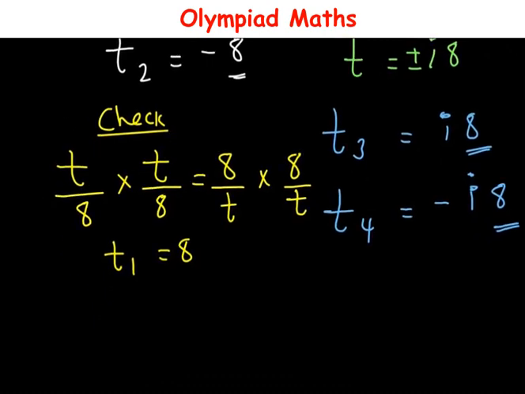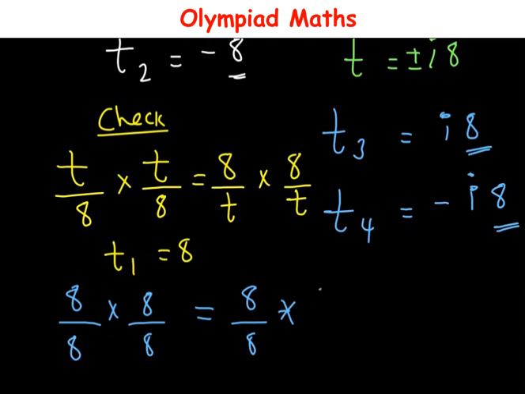So t is equal to 8 over, we have 8 here, times 8 over, we have 8, with this equal to 8 over t, which is 8, times 8 over t, which is 8. So with this equal to question mark.